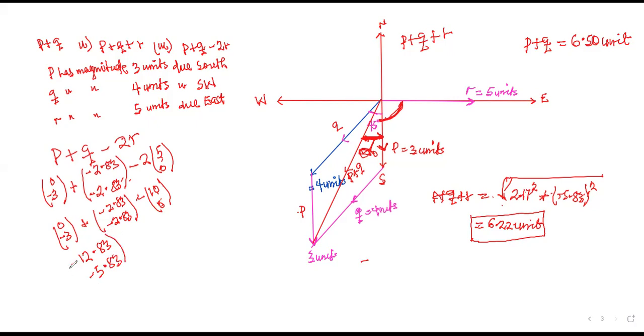Please, is that what you got? Class, is that what you got? Yes, please. Okay. Therefore, P plus Q minus 2R is equal to the square root of 12.83 squared plus 5.83 squared.